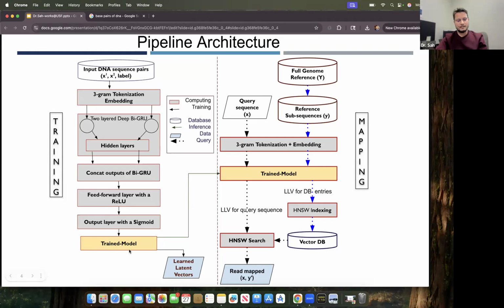Whatever it learns, it transfers, and whenever a new data set comes, the learned knowledge is preserved, and according to that, it works on the new data. All right. So let's focus on the training part, and I will come to the mapping part.